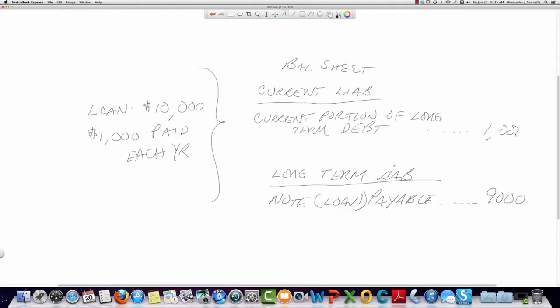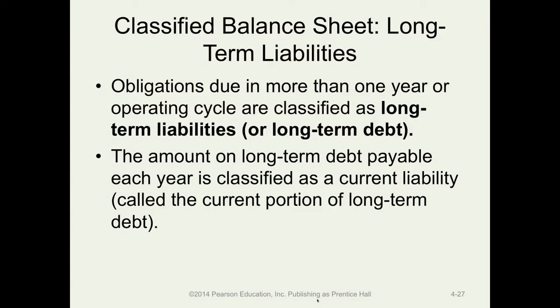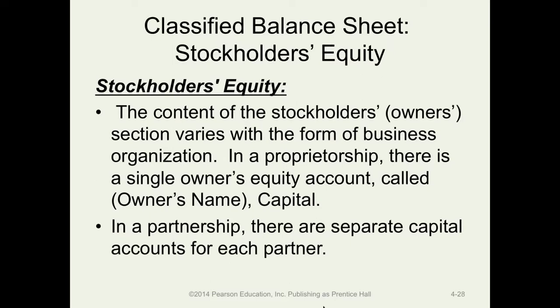And that's $1,000. So the $10,000 debt is split between current, because that's going to use up current resources, current assets, and long-term liabilities. Because again, they will not use up current assets. So again, that has to be properly classified, and the current portion of long-term debt is a current liability.